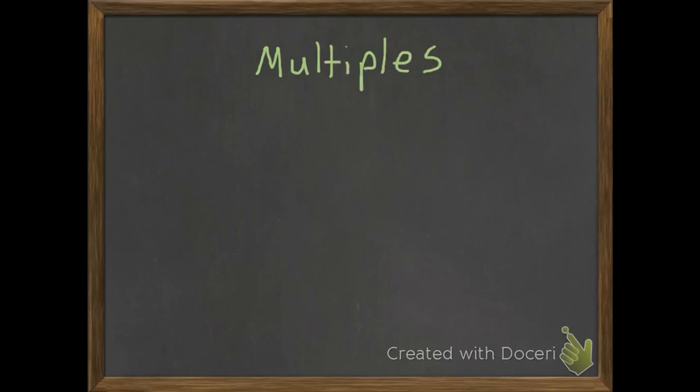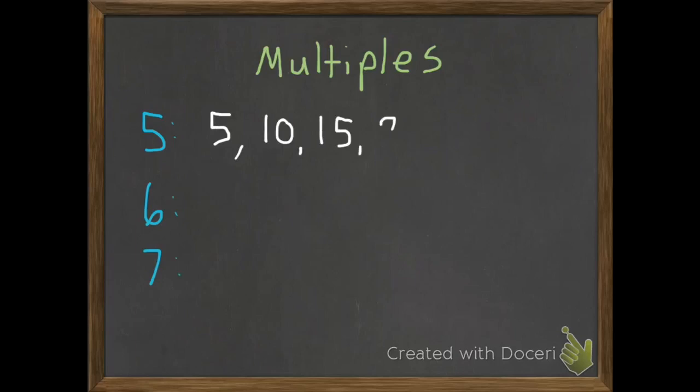Okay, now we're to the second half of the lesson. I thought it would be easier to kind of have them separate. So multiples. We've gone over this as well in multiplication. So if I wanted to know the multiples of 5, 6, and 7, this is basically just your skip counting. So the multiples of 5 are 5, 10, 15, 20, 25, 30, and we could go on forever, but I'm out of space.